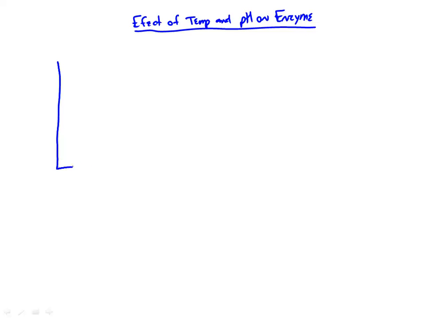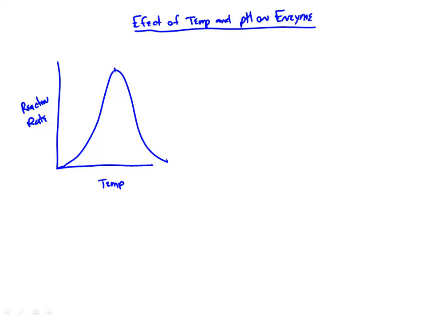And so my favorite picture to draw that kind of captures it is we just look at temperature and we look at reaction rate. What we typically find, and the shape of this curve can vary, but we find that there's an optimal temperature for most enzymes.